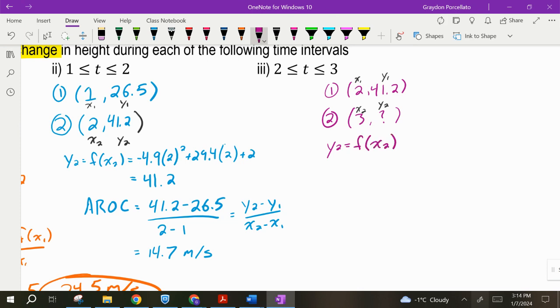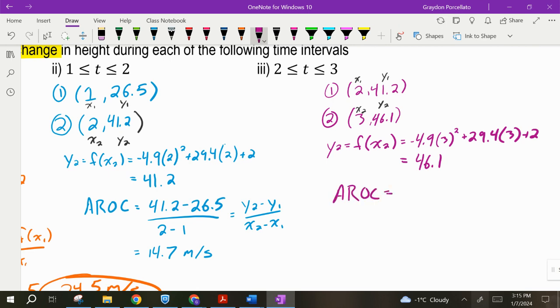I just sub x2 into my equation, which is negative 4.9 bracket 3 squared plus 29.4 bracket 3 plus 2, and that's equal to 46.1. Okay, we can put that in here. 46.1.